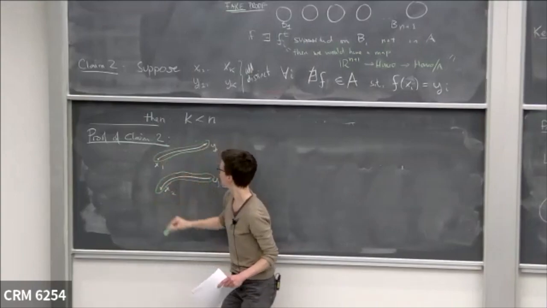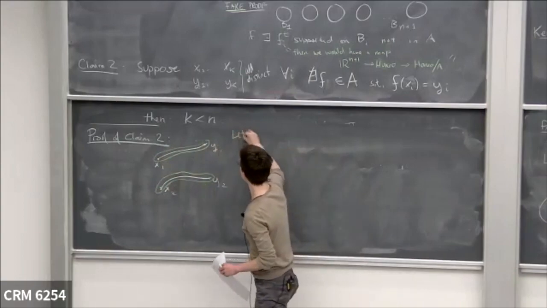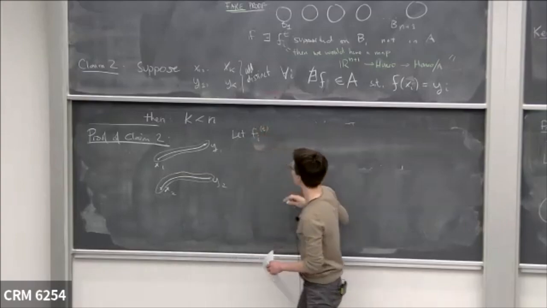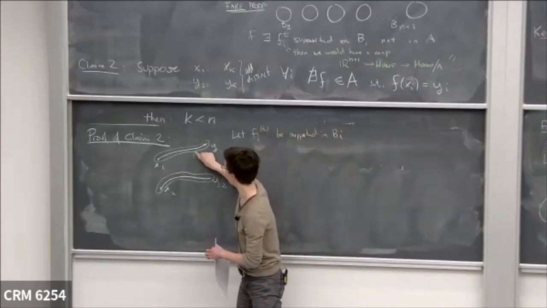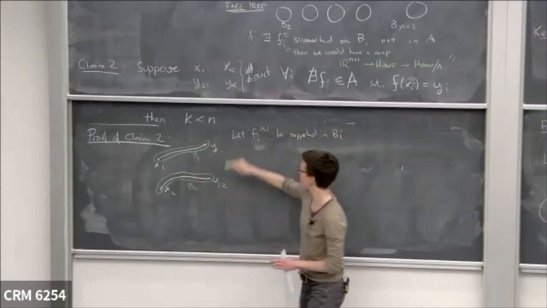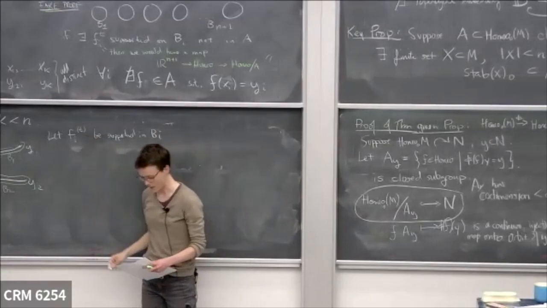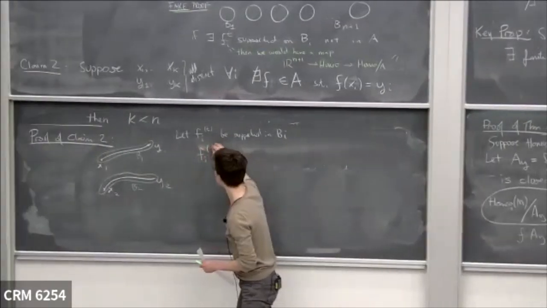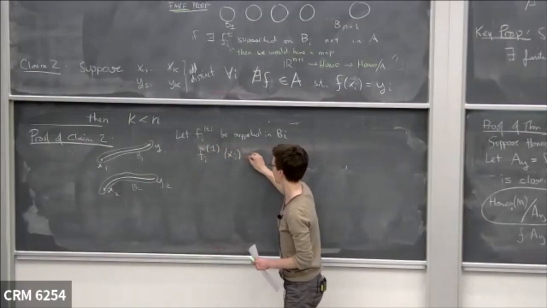All disjoint. And let's see, for each i, let F_i^t be a one-parameter subgroup supported in this ball. So there's B1, B2, these are all disjoint, so these guys will commute with each other. This is like an R subgroup. And I want F_i at time 1 to take x_i to y_i.